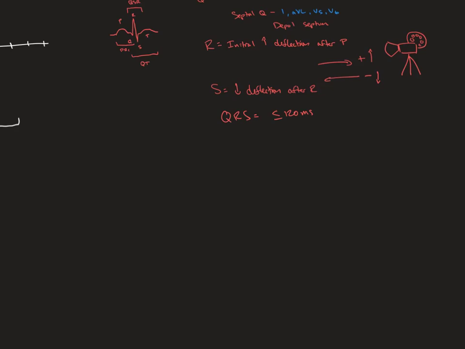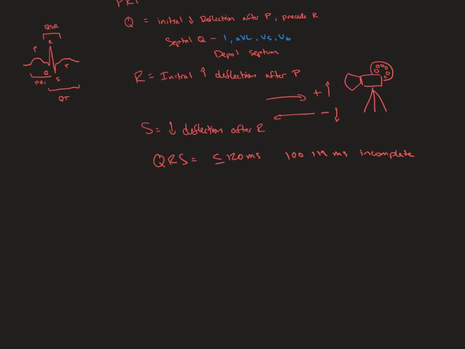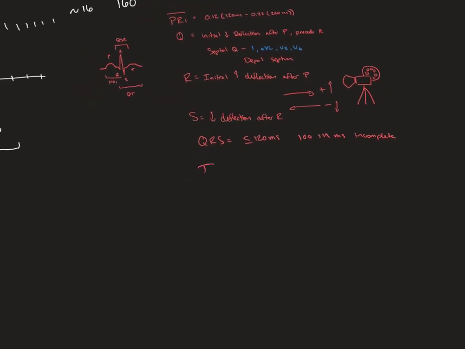If it's between 100 and 119 milliseconds, then you'll consider an incomplete block of some sort. But that's 12 lead stuff, so we'll push that over there. So these are your metrics other than T. A T wave normally is rounded. It follows the QRS.